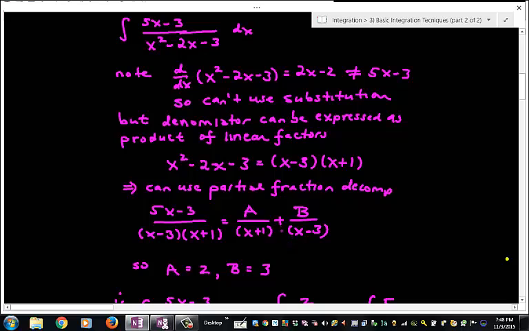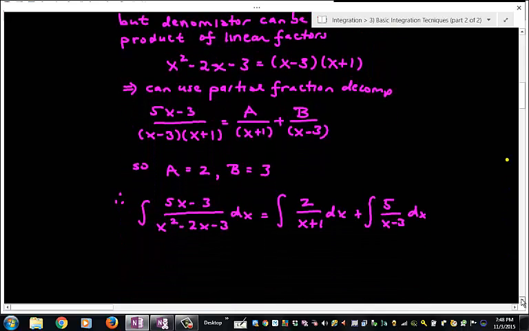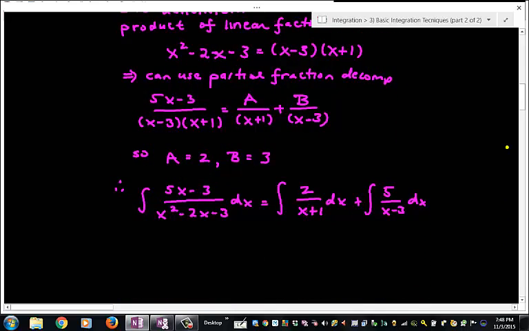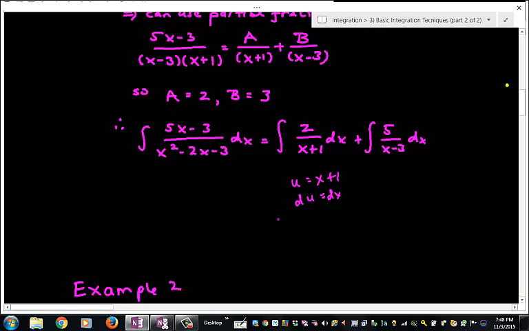Or you could also set up a system of linear equations. Either one's fine. But if you're not familiar with the Heaviside or lookup method, you might want to check that out. So I get a is equal to 2, b is equal to 3, and so I have this partial fraction decomposition, and I can do each of these integrals now. On the left-hand side, I can do a u substitution, let u be equal to x plus 1, du is equal to dx, and I know now this integral will just be the integral of 2 over u du.